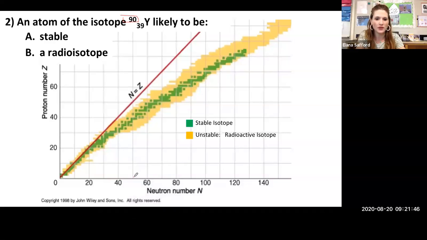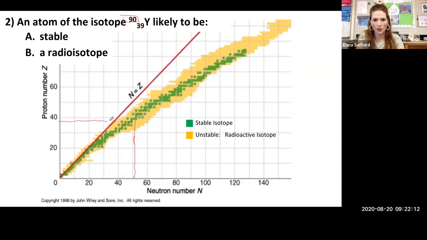I'm not going to be able to draw this straight on a computer, I don't think, but we're going to try. This is easier to show in person. So we want to go up in here. That's about 51. And then we've got 39 protons, so that's going to be about right here.